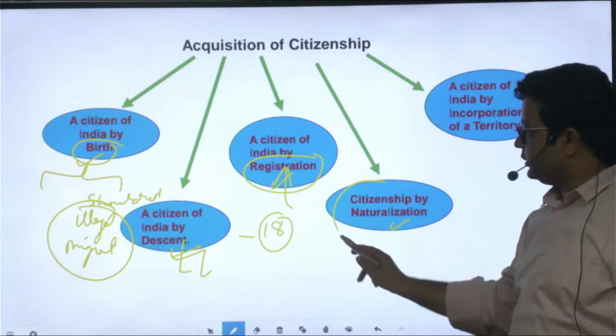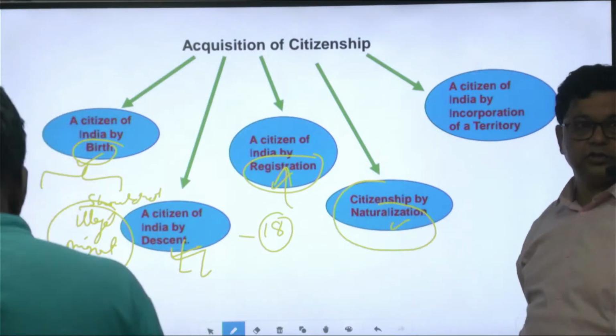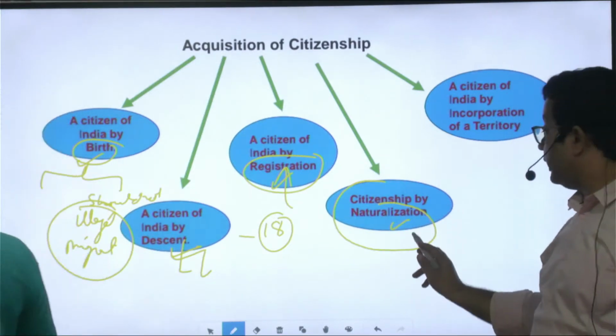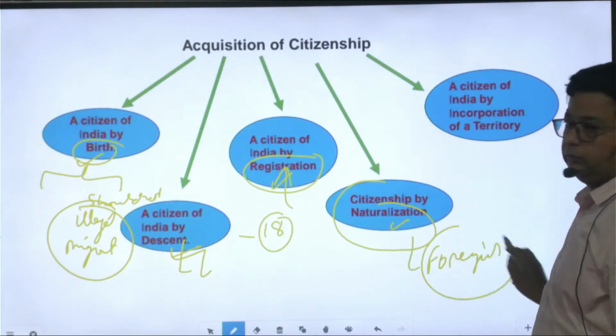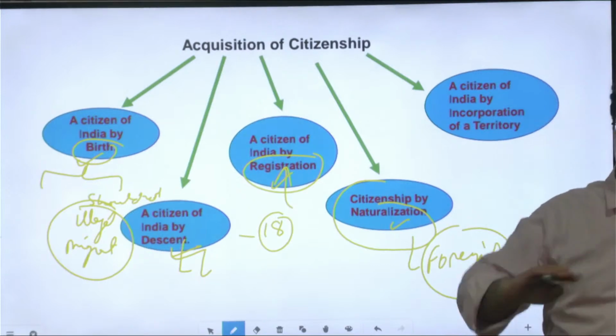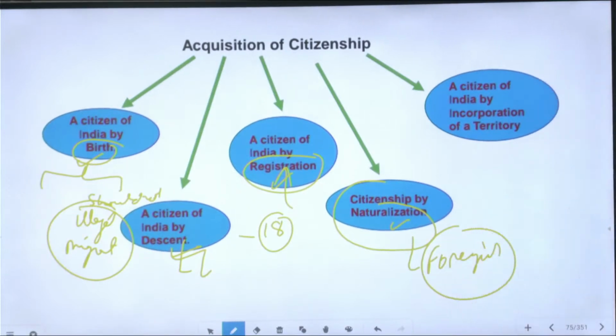Naturalization. This is the process by which a foreigner can get citizenship of India. Foreigners who do not have any link to India. Donald Trump. If Donald Trump wants to become a citizen of India, he has no link, so he cannot get citizenship through birth, descent or registration. So how can he get citizenship?